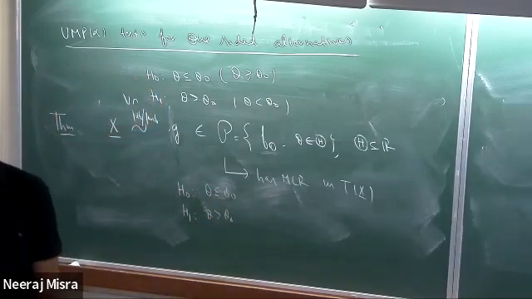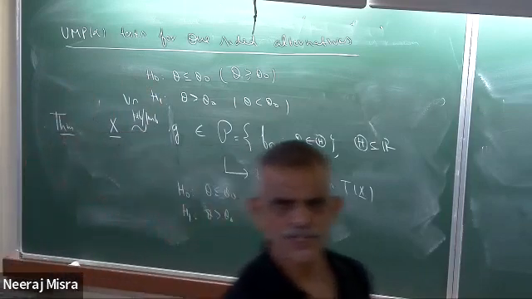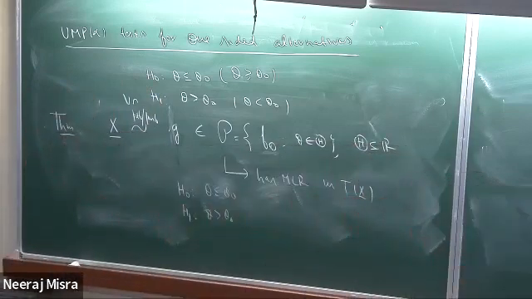Forget about the theorem statement. You should be in a position to tell me what should be the form of the uniformly most powerful test, if there is one. Yes, just use your statistical mind. It has MLR.